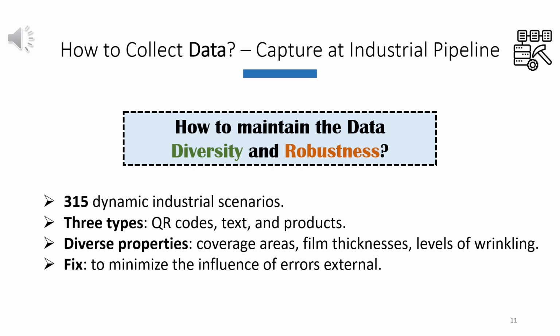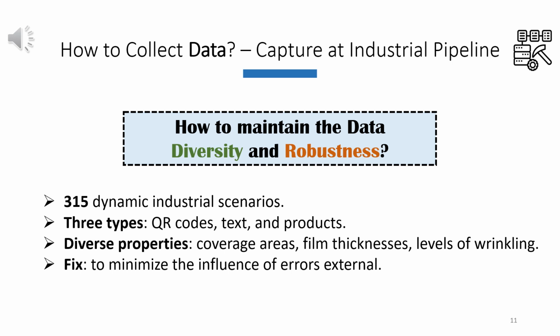Current industrial pipeline includes 315 dynamic industrial scenarios, which can be categorized into 3 types: QR codes, text, and products. To enhance the diversity, we have different films with diverse real properties, coverage areas, film thicknesses, and levels of wrinkling. The film exhibits significant variability across each scenario.